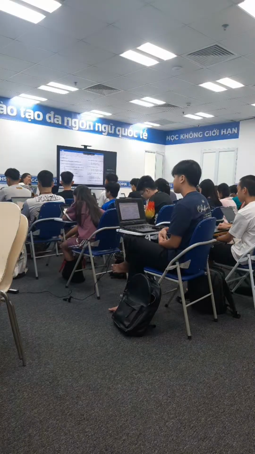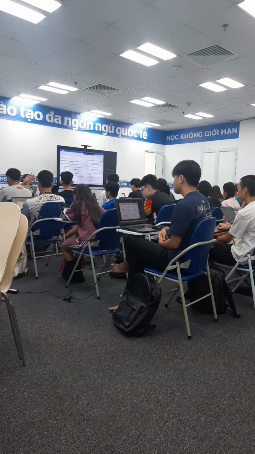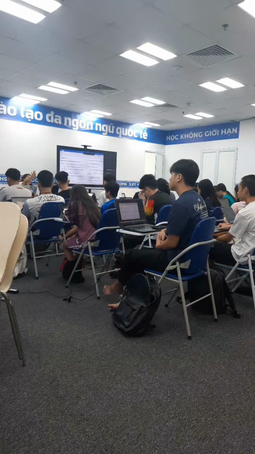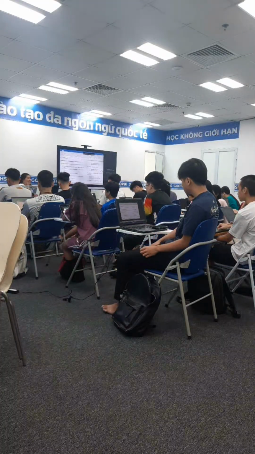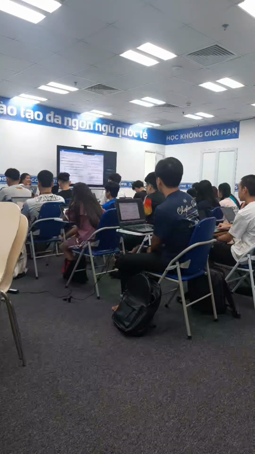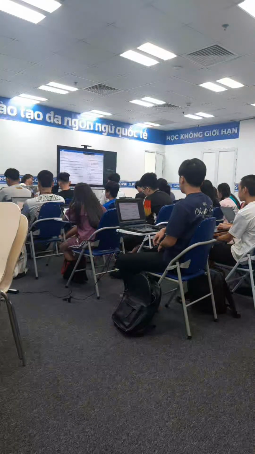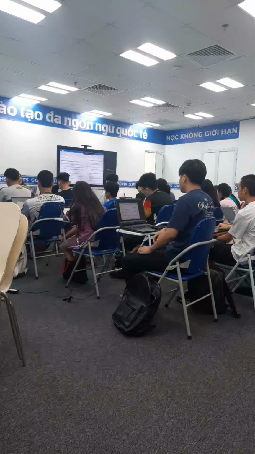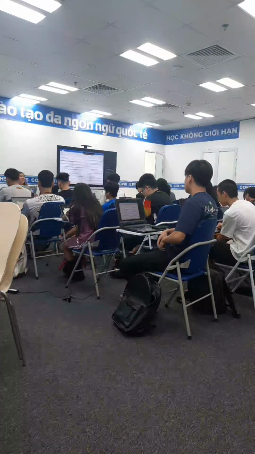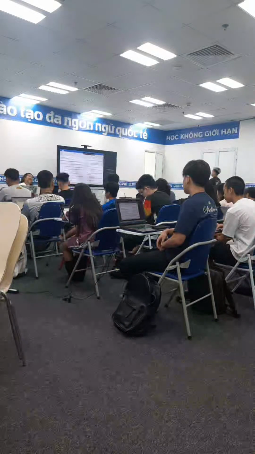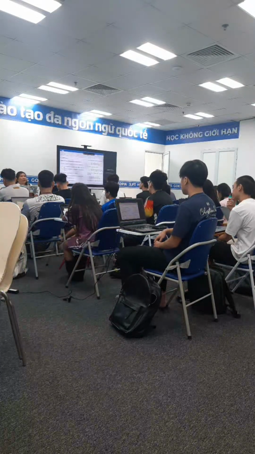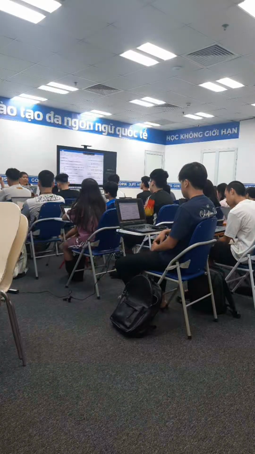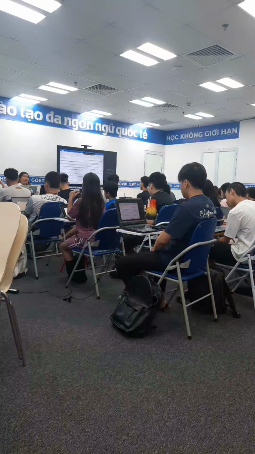What kind of conditional is this? 0, first, second, third, or mixed conditional? It's actually third conditional. Okay, so when you say third conditional, a condition in the past, something else happened, and this person is imagining a different past. Okay, so if you'd arrived on time, none of this would have happened.